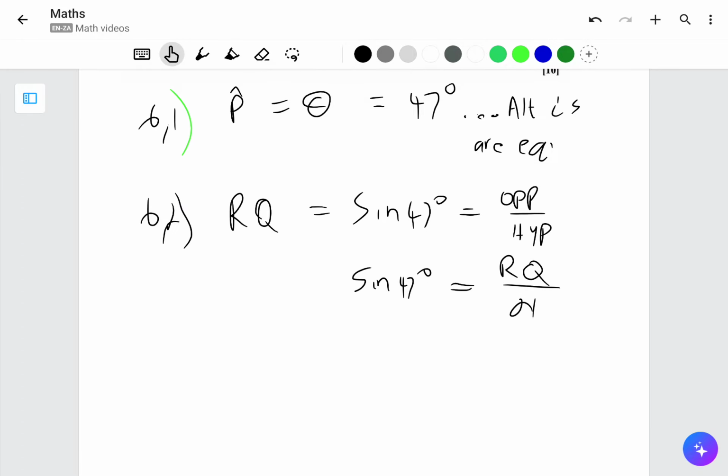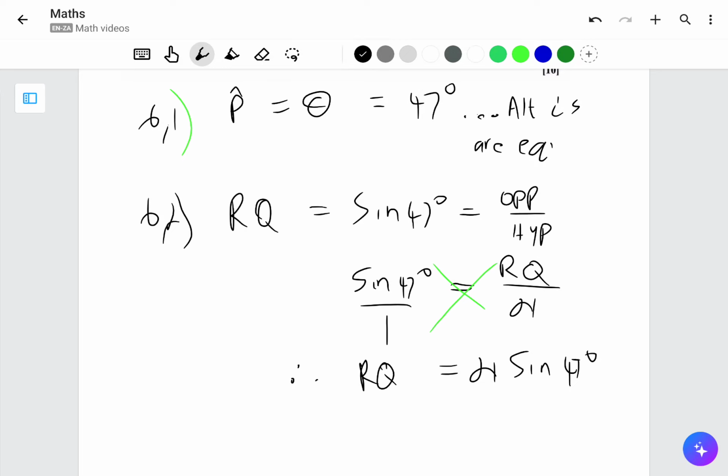If you caught my previous videos, you would see now we can put sine 47 degrees over 1, and then we can cross multiply. Therefore RQ equals 21 sine 47 degrees.